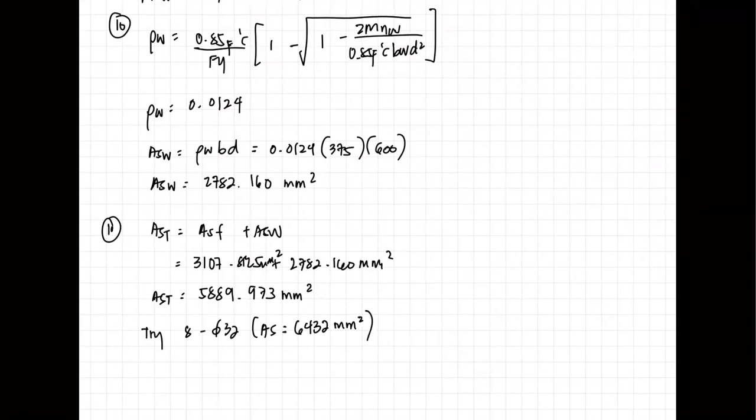So, ibig sabihin yan, pag ito yung ating rebar, ganyan yung reinforcement natin. Then, nandito yung effective depth natin sa centroid nung layers natin. Okay. Now we check kung ano yung magiging capacity nung pinrovide nating AS.